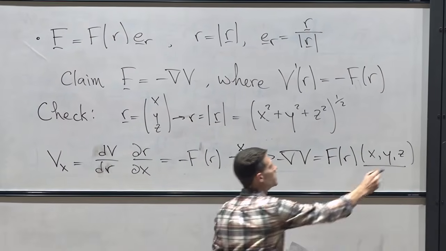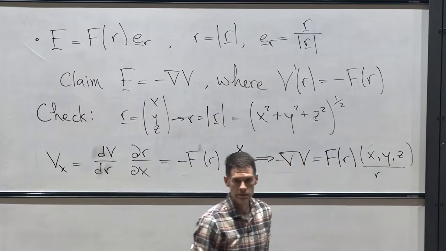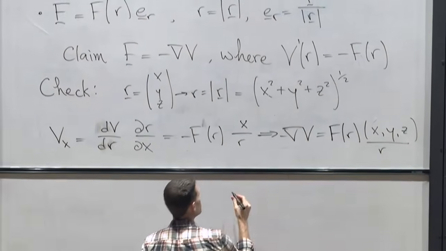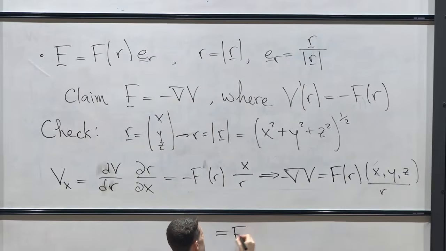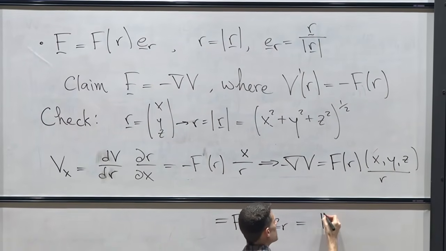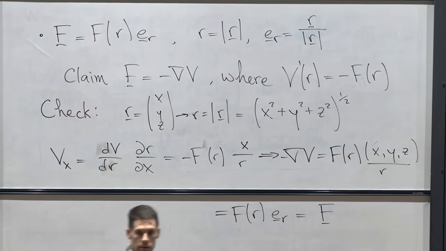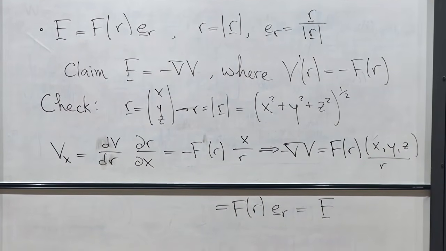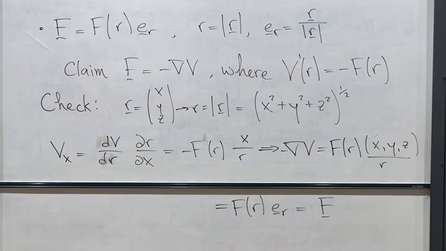But this is e_r, right? That's the position vector over its magnitude. Which is vector F. Okay?